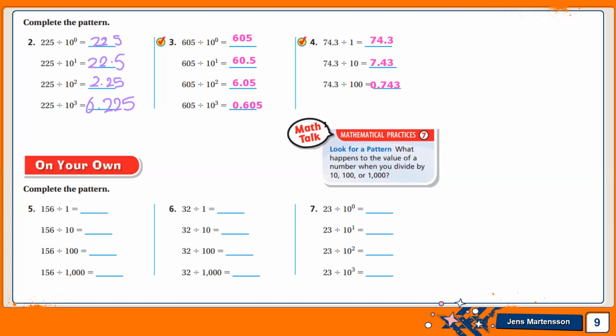Now the next one after Muna is Noura. Noura Tamimi. Okay, Noura. Yes, Noor. Here, 156 divided by 1. 156. The second one. Thank you.